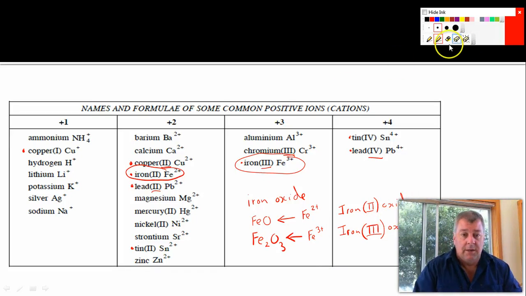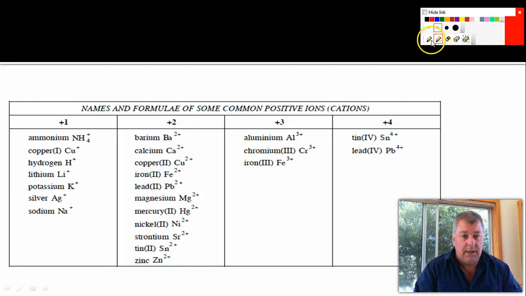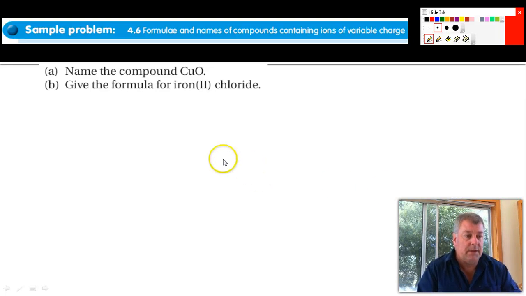So the key thing for you to recognize here is that whenever you see these Roman numerals, make sure you're using the right one that you've been told, or if you're naming something, it becomes important. Right, next. So let's do a couple of examples.